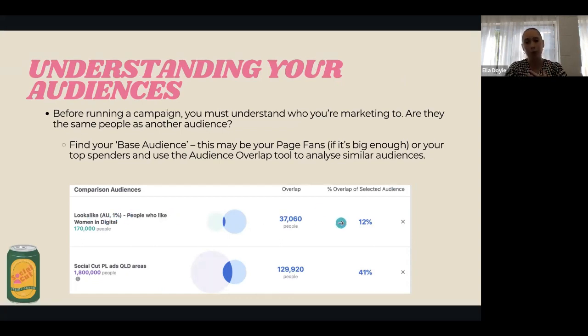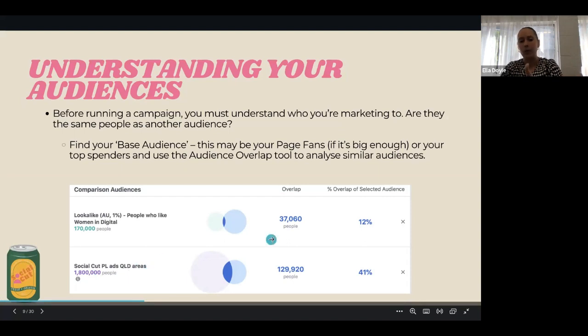For Social Cut, my agency, that may in fact be other social media members, or digital marketers, or even potentially business owners. As a business we are B2B, business to business, so our clients are businesses. So it's important for us to know that this type of audience may exist. We've also got our Social Cut page like ads, Queensland areas. For us, that was an interest-based audience.